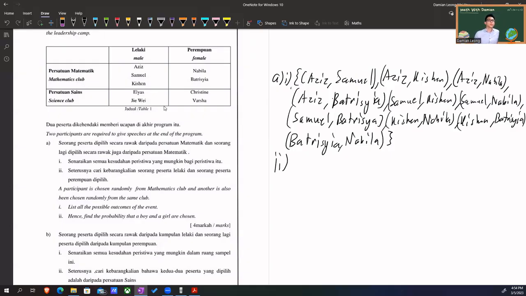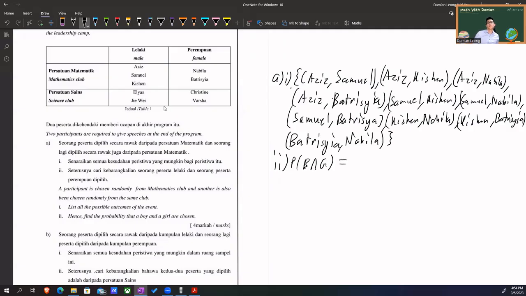Then A2, the probability that a boy and a girl are chosen. So probability of 1 boy and 1 girl. Basically, out of all this, I look at the A1.